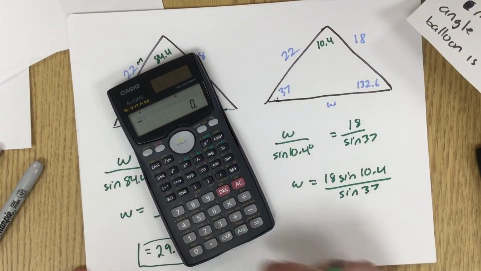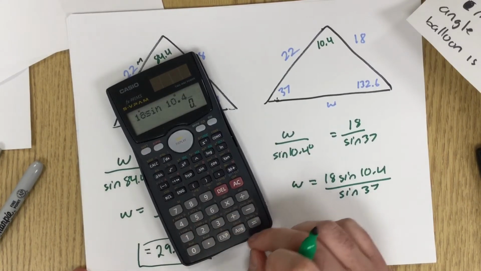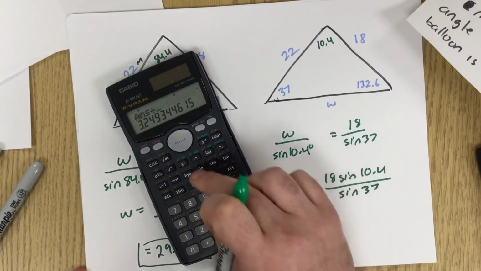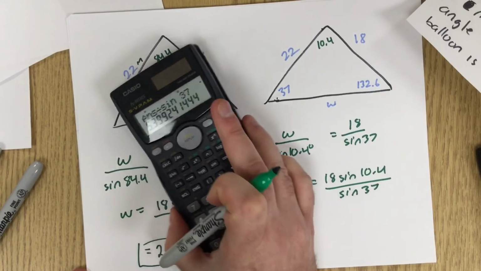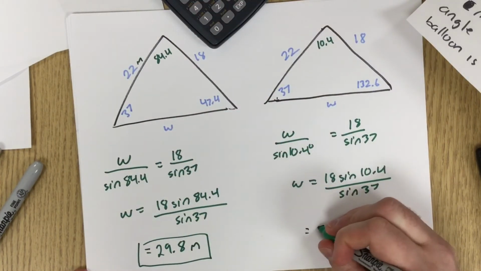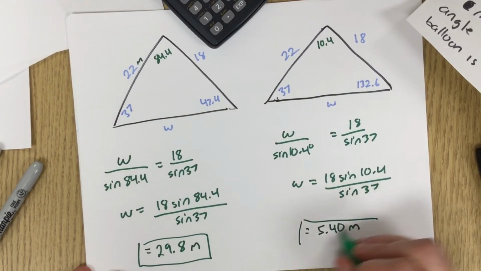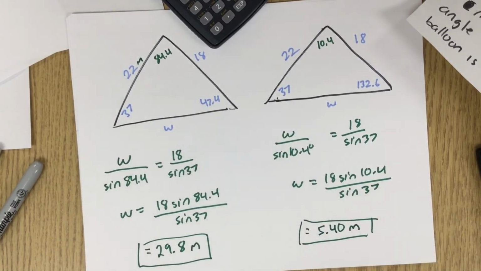And similarly, 18 sine 10.4 divided by sine 37 is 5.40. Or they can be 5.40 meters apart.